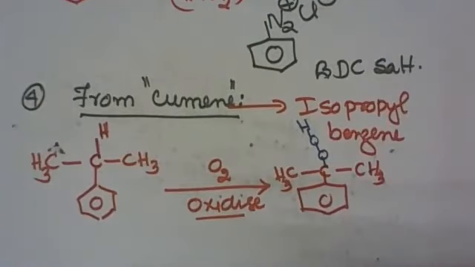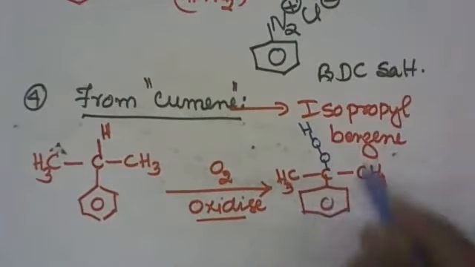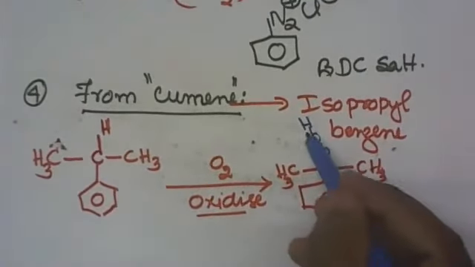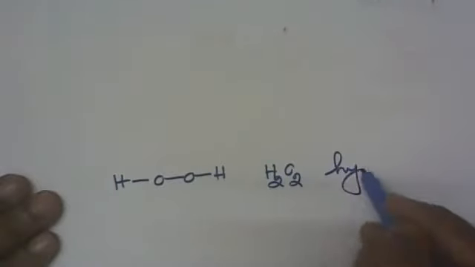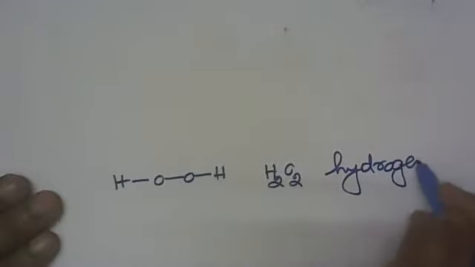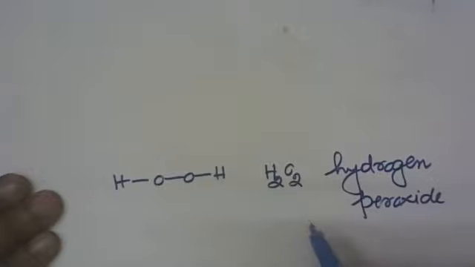Now, what is this molecule called? It is like HOOH. Let me write somewhere here. You know that HOOH, what is this? It is H2O2, called hydrogen peroxide. Now what happened here?